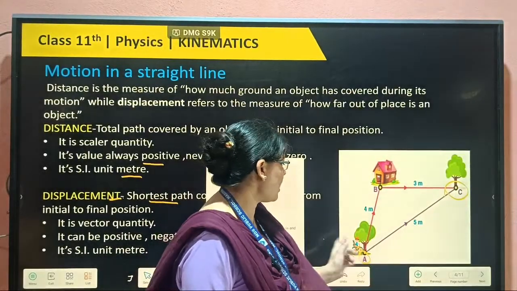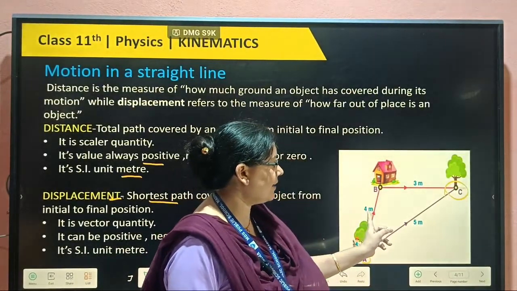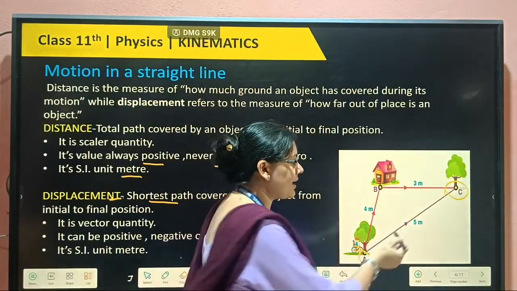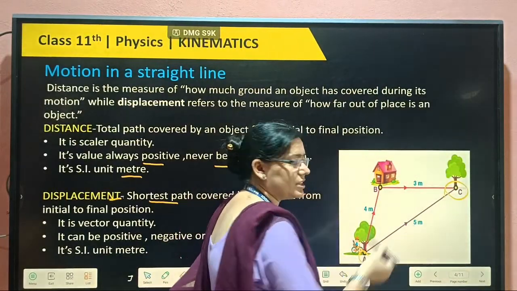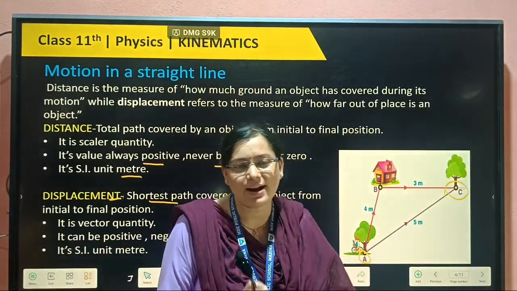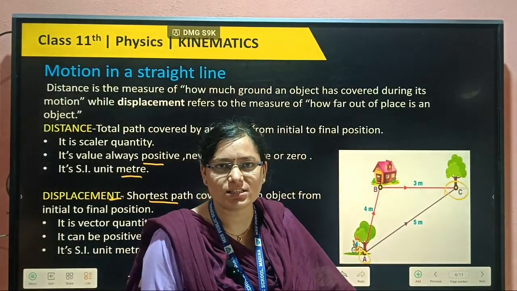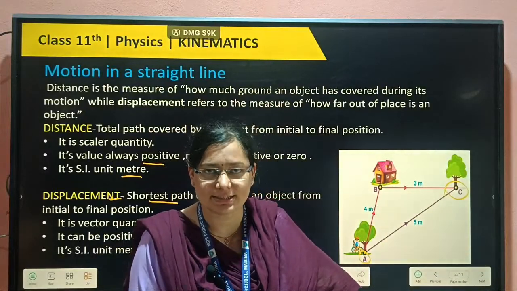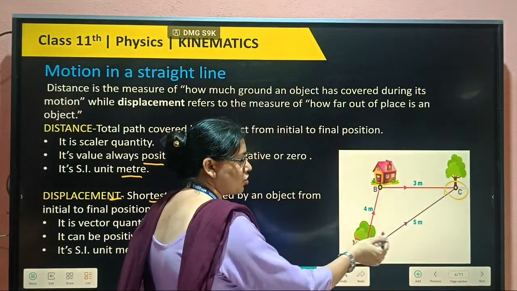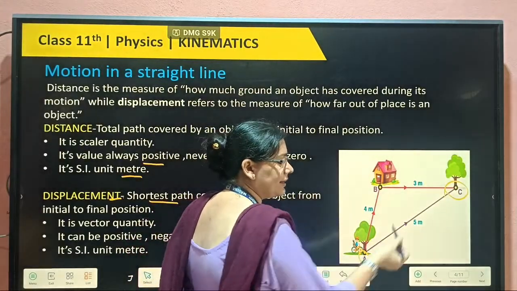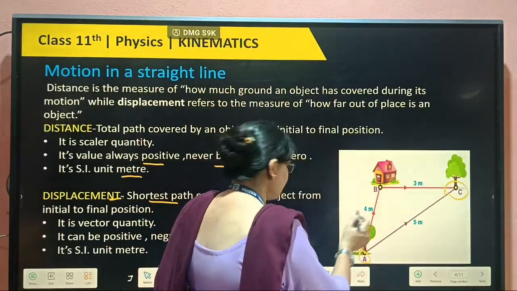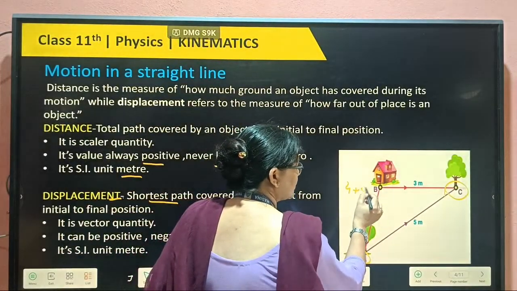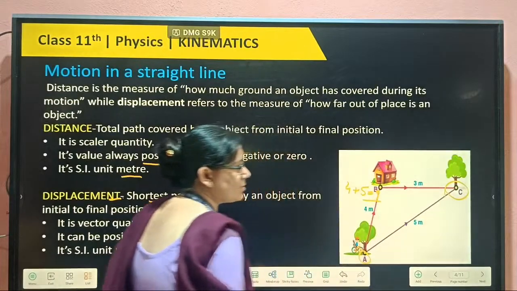If we are talking about the distance, then it will be 4 plus 3, the total distance. This also we can say distance. You can say displacement can be distance, but distance can't be displacement. So here this 5 we can call distance and displacement, but 4 plus 3 we can't say equal to our displacement.